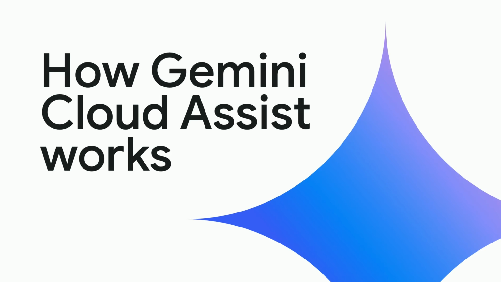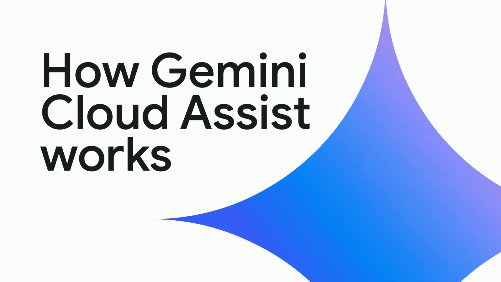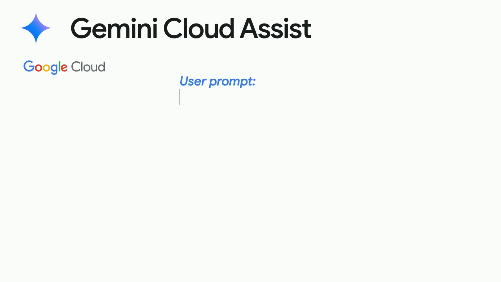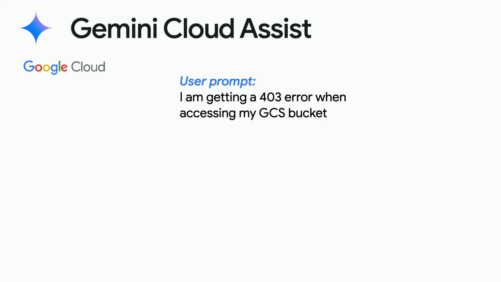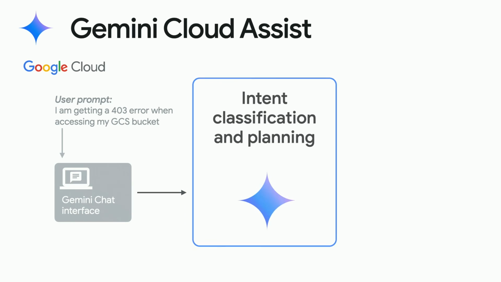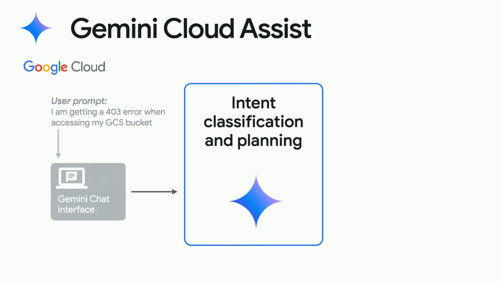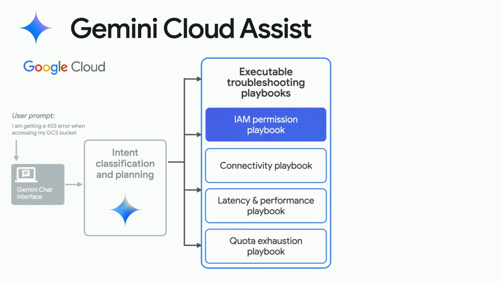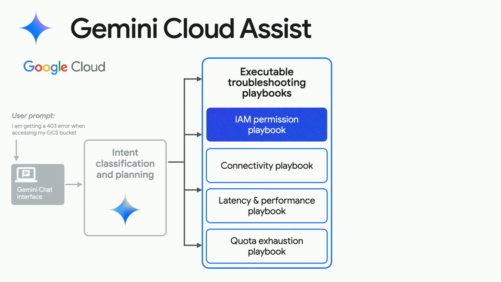How does all of this work with Gemini? So you've got this 403 error that comes in that you're asking a question about. That's through our chat interface that we present to you. Underneath that, we classify what you're actually trying to do from that prompt. We interpret what you're actually trying to do. We then execute the right set of playbooks underneath to get more information on what might be happening.